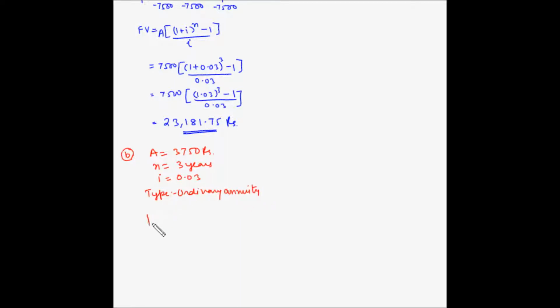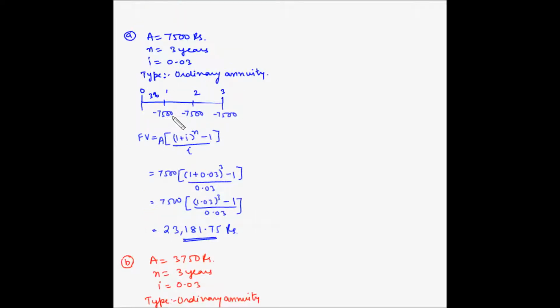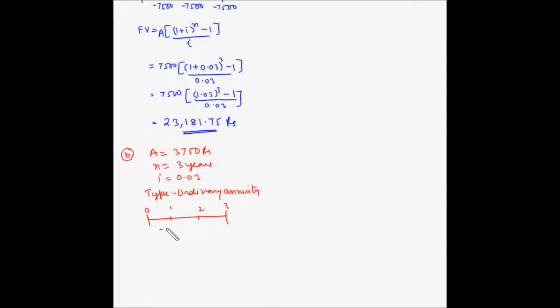So basically the time scale will be something like this. So at the end of each year, instead of 7,500, we are now depositing 3,750. Everything else remains the same.